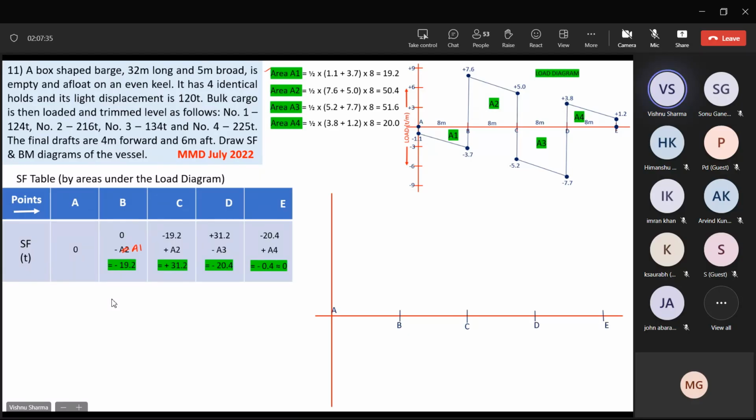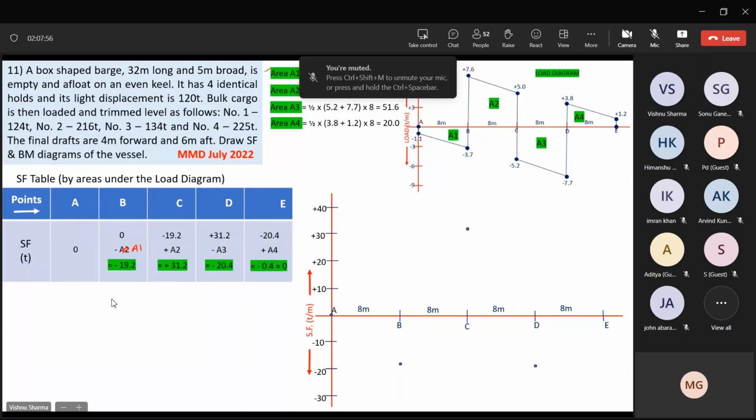We have these points. Our SF values are up to minus 20 and plus 30. So I've graduated the scales and put the values. Now look at the tables, beta. Now you see, guys, it is not exactly a triangle. It's basically a trapezium.